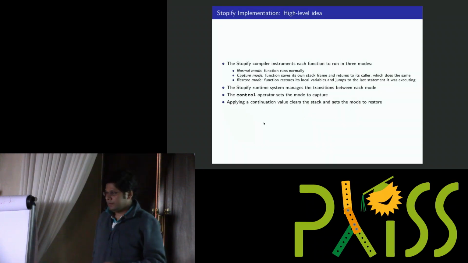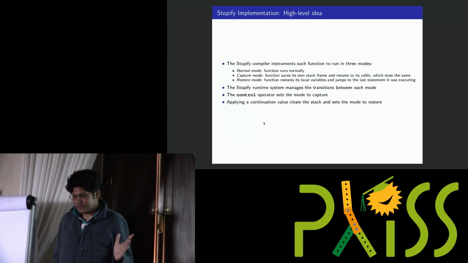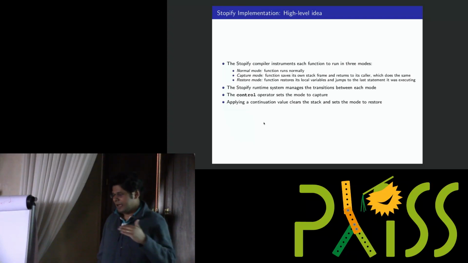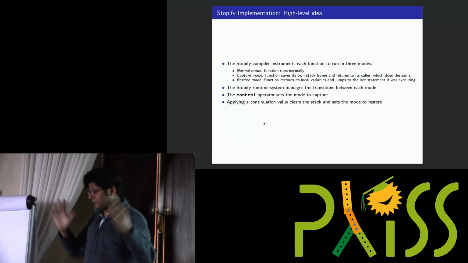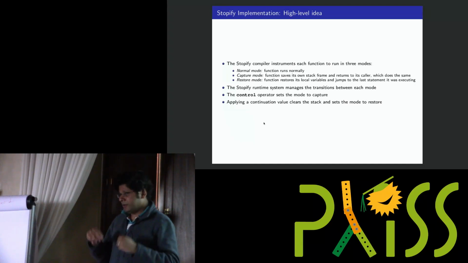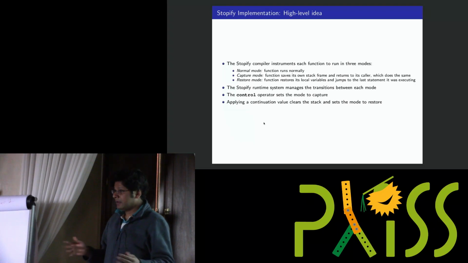Okay. So here's the high-level idea of how Stopify implements continuations. Basically, Stopify instruments every function in your program to run in 3 modes, right? The mode is a global variable in the runtime system. In normal mode, the function runs normally.